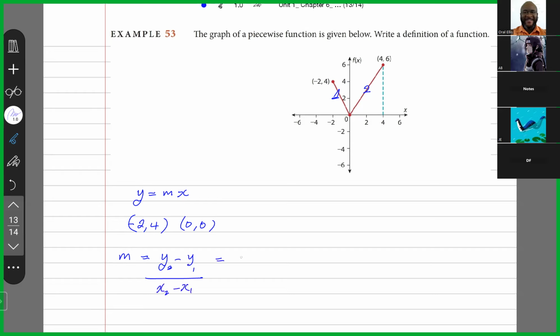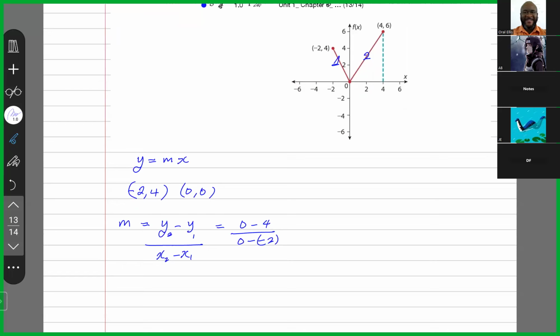So this would be 0 minus 4 over 0 minus -2. So for the first half of the graph, the gradient is -4 over 2. So the gradient m is equal to -2.